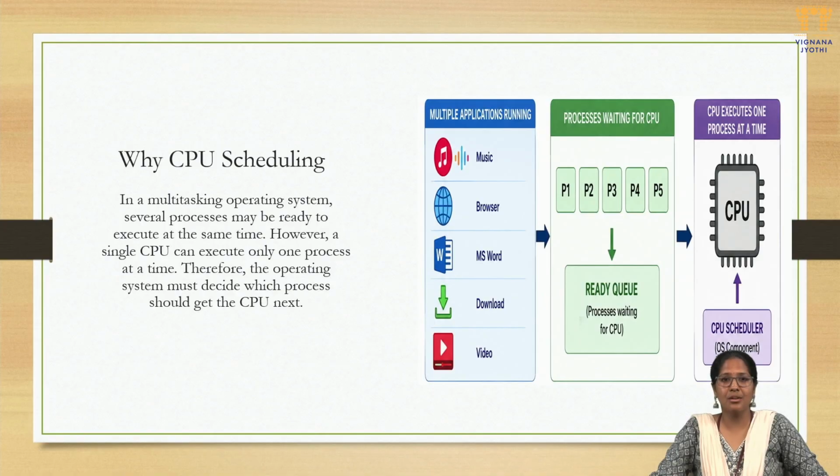Can the CPU execute all of them simultaneously? The answer is no. A single core CPU can execute only one process at a time. Therefore, when multiple processes are waiting, the operating system must decide which process should execute first. This decision is made by the CPU scheduler. It selects one process from the ready queue and allocates the CPU to it based upon the scheduling algorithm.